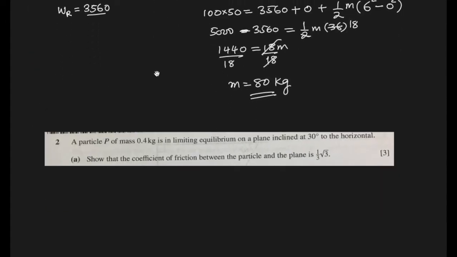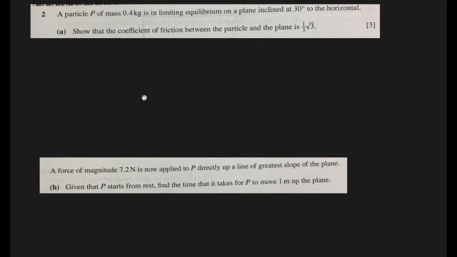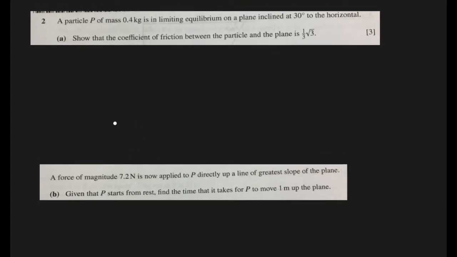Okay, question number 2, A part. A particle P of mass 0.4 kg is in limiting equilibrium on a plane inclined at 30 degrees to the horizontal. So let me draw it here. This angle is 30 degrees.